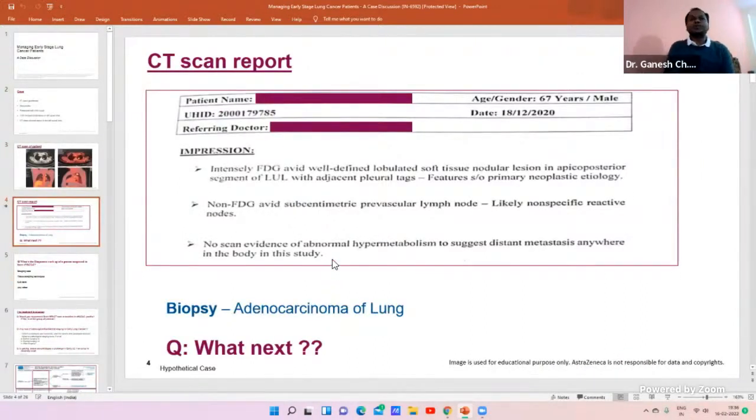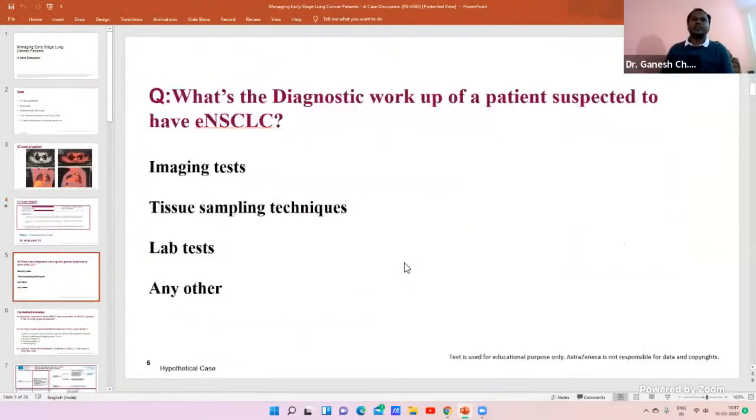The patient was initially evaluated with a CT scan, where there is a well-defined lobulated nodular lesion in the apico-posterior segment, left upper lobe, adjacent to pleural tracts, suggesting a primary neoplastic etiology. There is a non-FDG-avid sub-centimeter prevascular lymph node, which is non-specific, and there is no evidence of any hypermetabolism in the CT scan. What next should we do in this? We can go for imaging.